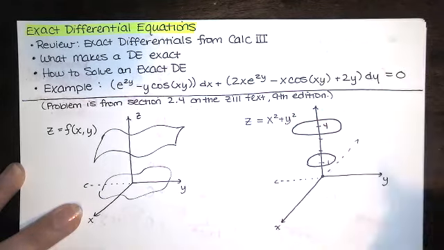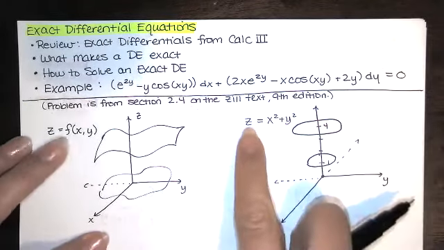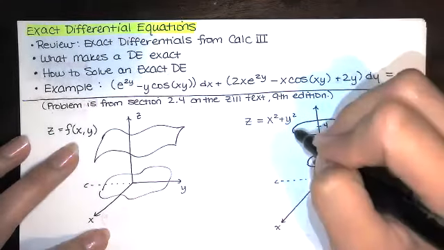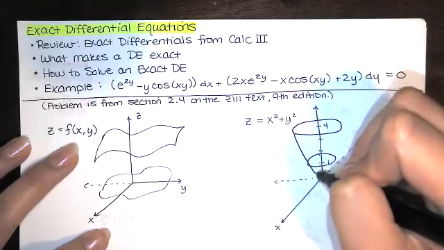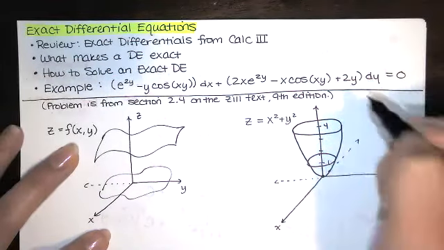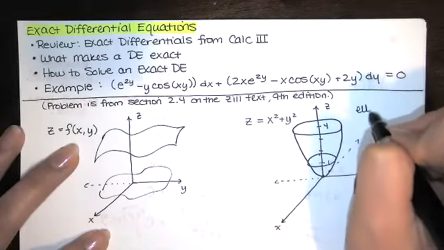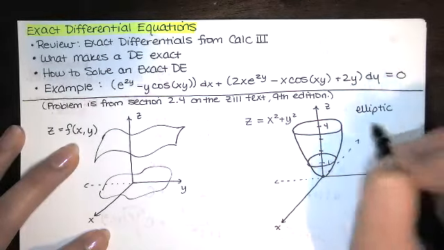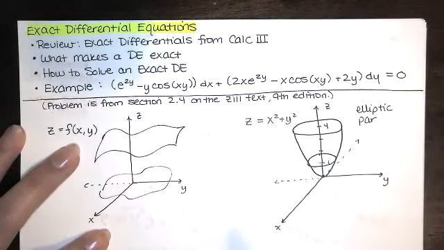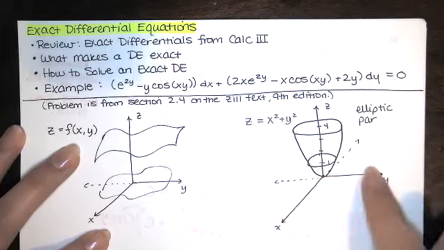And when you put all of those together for different values of z, as z increases, the radius of that circle increases, and we end up with something that looks like this. This is called an elliptic paraboloid. And we study these more in Calculus 3. We call it an elliptic paraboloid because slices this way are ellipses parallel to the xy plane.